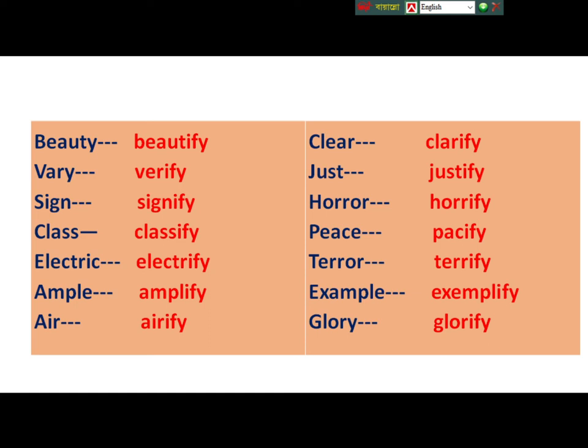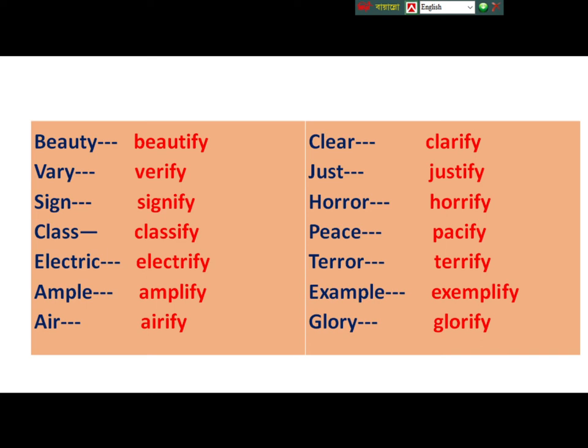Take a look at the spelling of peace and pacify. They are different from one another, peace and pacify. In case of pacify, we shouldn't write pe, pacify. Terror, terrify, example, exemplify, glory, glorify.